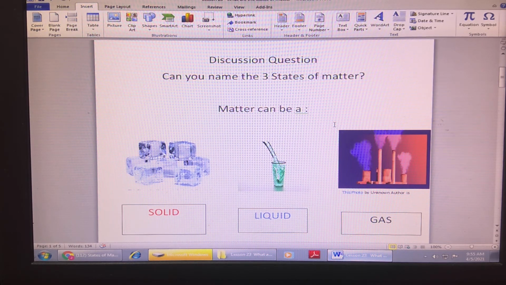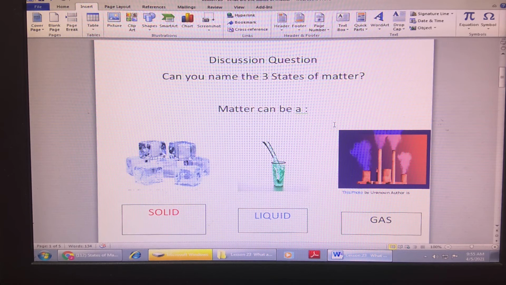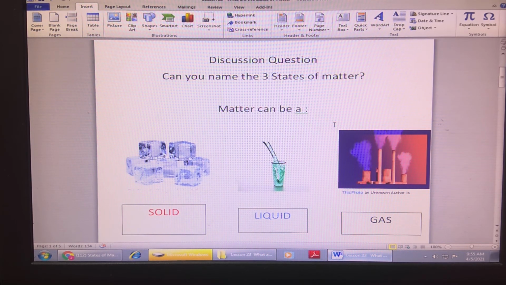Only in water do we see three different states existing: solid, liquid, and gas. There is nothing else on Earth that is known to exist in all three states. Just a little bit to know about that. Water is where it's at when it comes to states of matter.